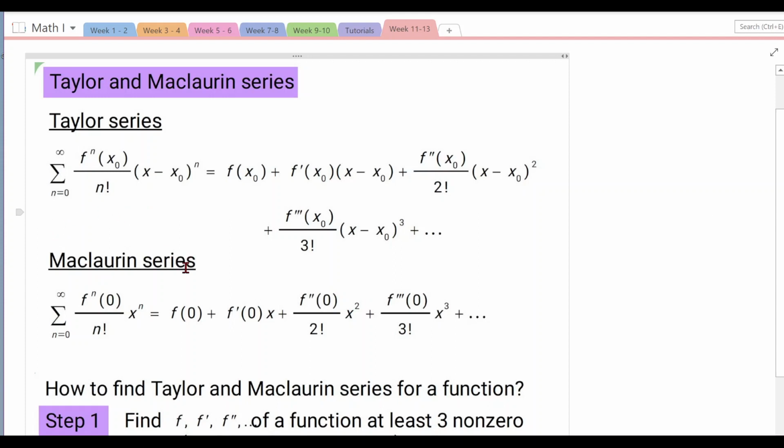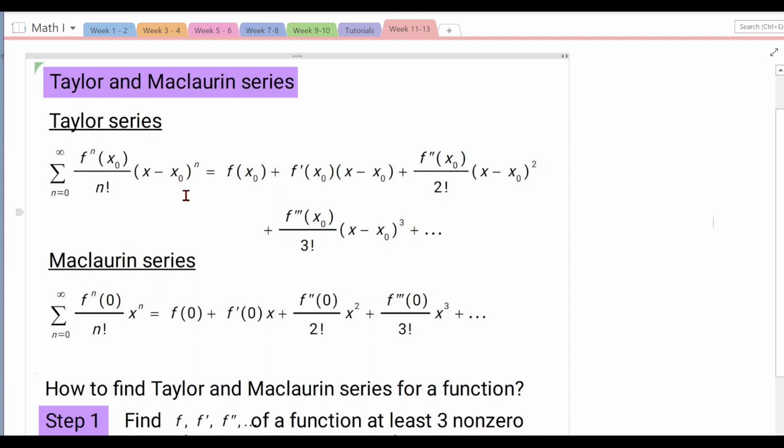The Maclaurin series is centered at 0, whereas the Taylor series is centered at a particular point.